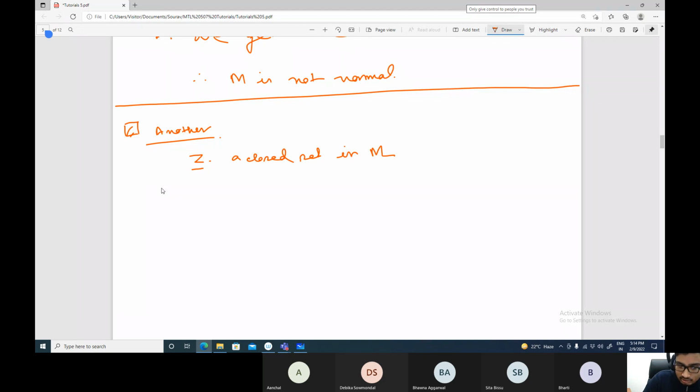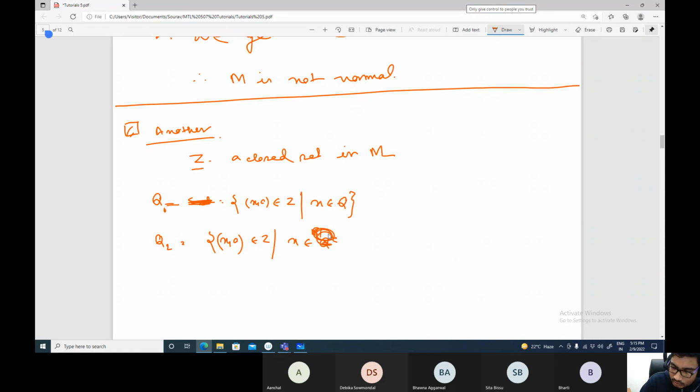Consider the rational numbers in R. Let Q1 be the set of (x,0) in Z such that x belongs to Q, and Q2 be the set of (x,0) in Z such that x belongs to R minus Q. Then these two are closed sets in Z, and since Z is closed in M, these two are closed in M, and Q1 intersection Q2 is empty.